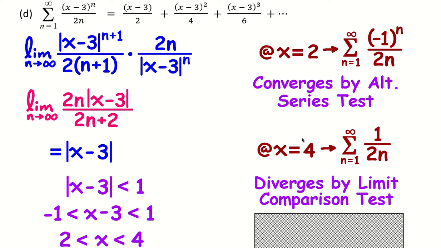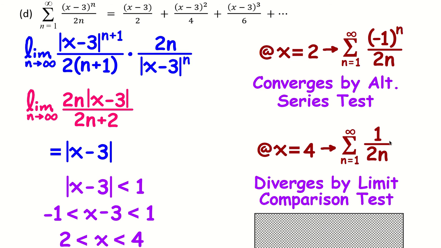Well, I wonder if by direct comparison, because you would compare this to 1 over n, okay? 1 over n diverges. Oh man. So the direct comparison test is inconclusive because this is actually smaller term by term than 1 over n.